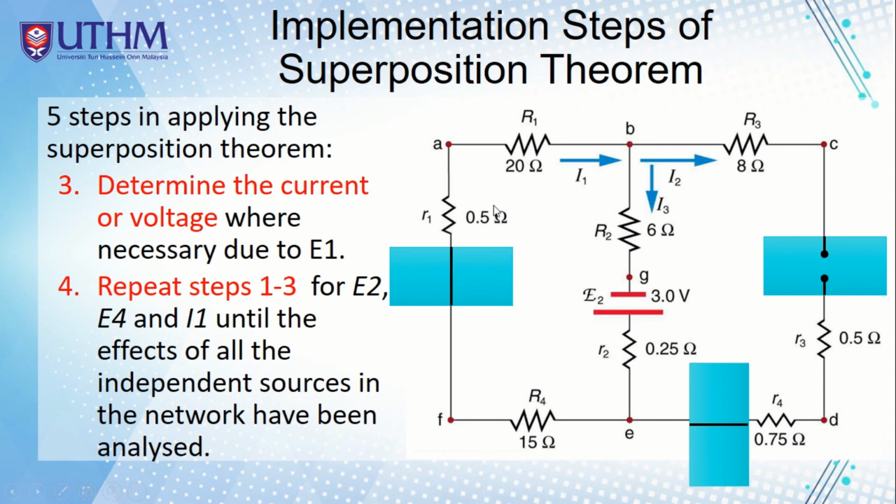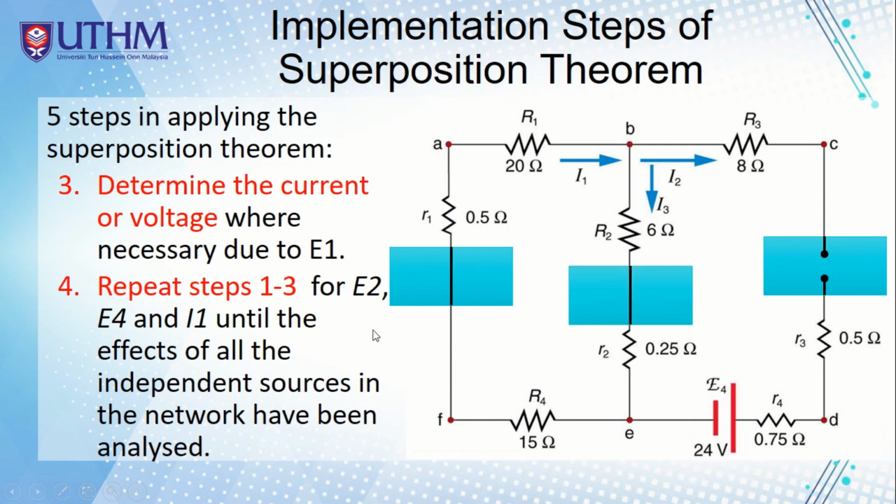So you only calculate the path of A, B, E, and F. For the case of E4, again, E4 will not contribute anything to the circuit because the current source, the C and D path, has been open circuited, and thus there is no contribution produced by E4 to the rest of the circuit because of the incompleteness of the path.